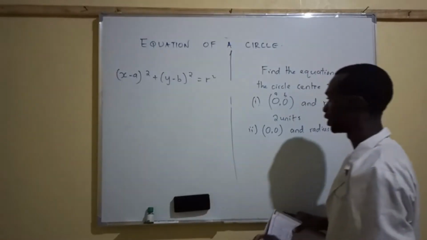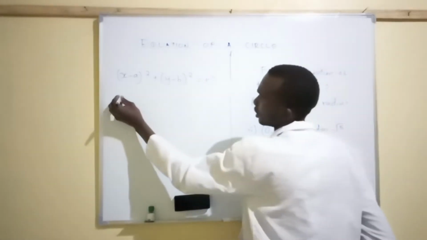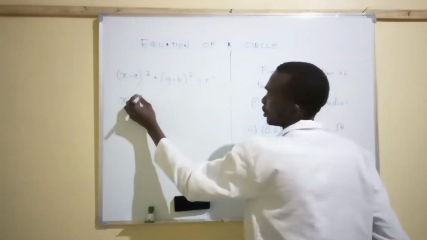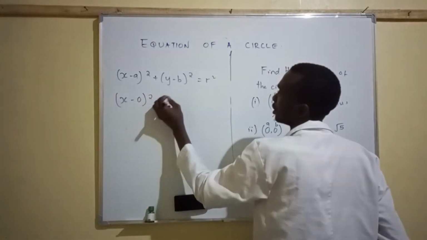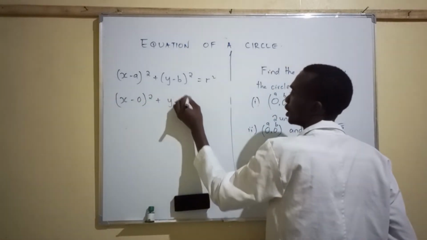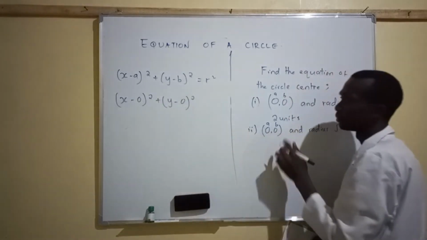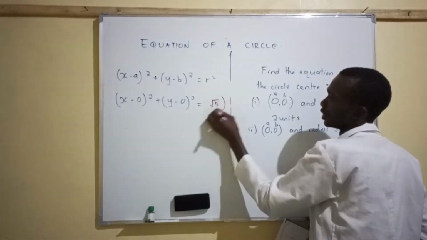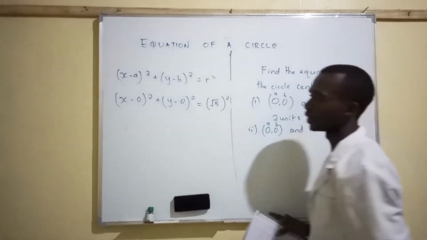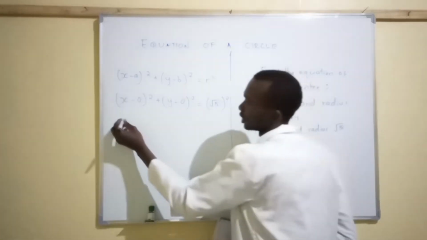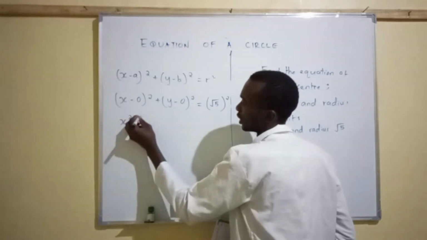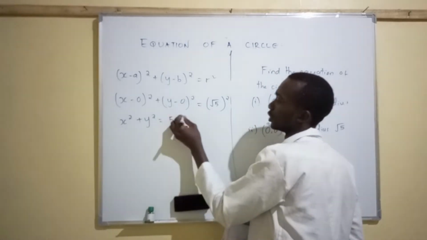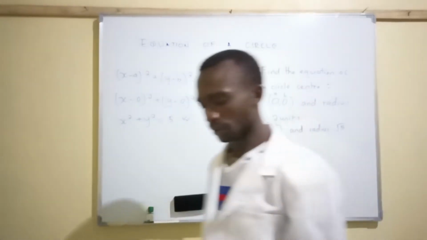Now substituting, that is putting in place, we have (x minus 0) squared plus (y minus 0) squared is equal to r squared, that is root 5 squared. So opening the bracket, we have x squared plus y squared is equal to root 5 squared, that is 5. So this is the equation of that circle.